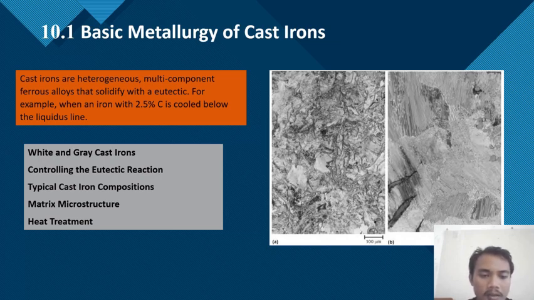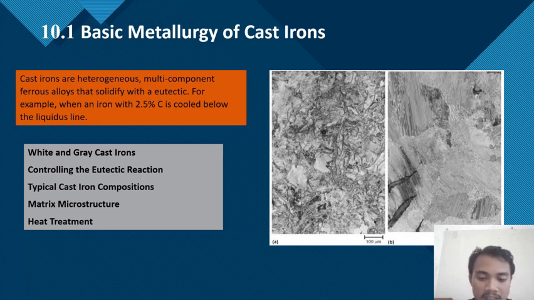To control the properties of cast iron, it is necessary to control the formation of the carbon-rich phase, the eutectic reaction, and the formation of the steel matrix, the eutectoid reaction. In a typical cast iron composition, a cast iron can have a composition that makes it hypoeutectic, eutectic, or hypereutectic with regard to carbon.